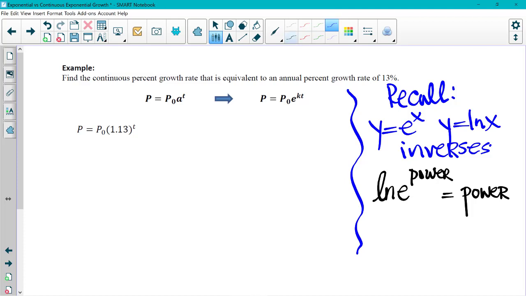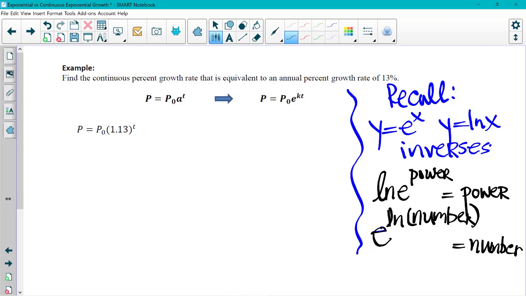And then there's another one. It's the other way around: e to the natural log of some number will be equal to that number. These properties are what we are going to use to come up with our continuous percent growth rate.